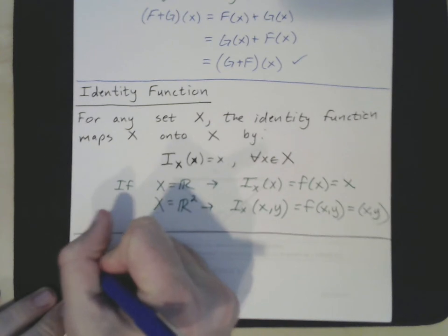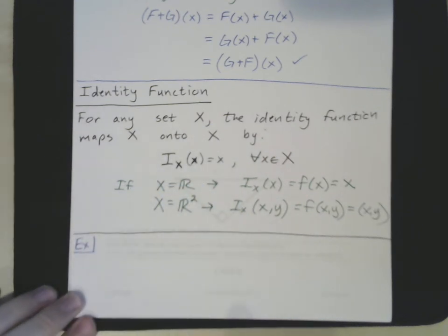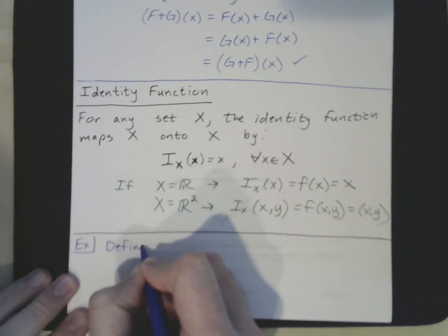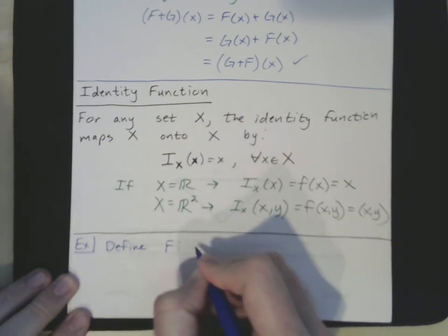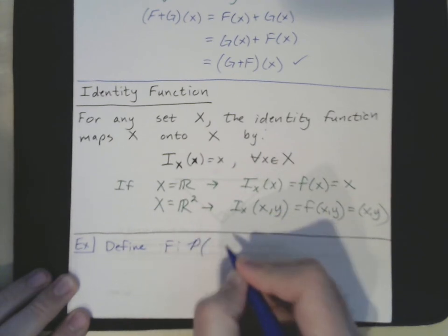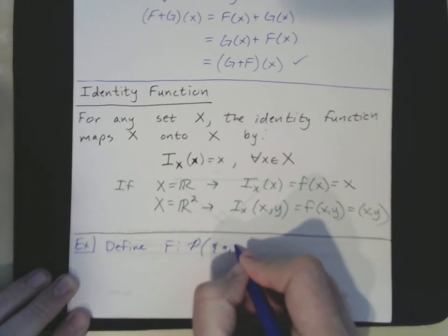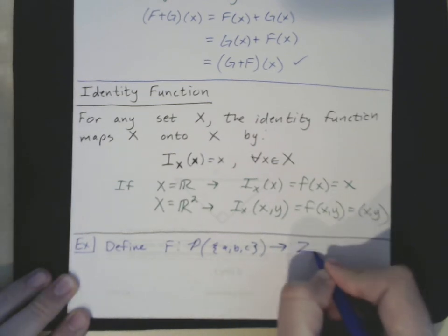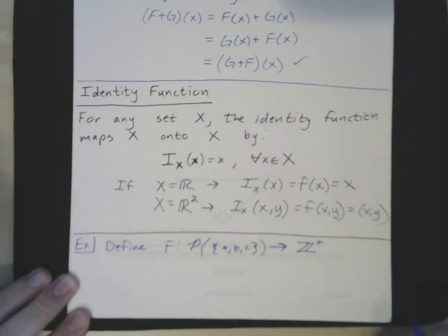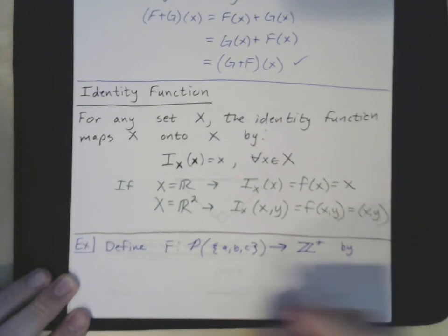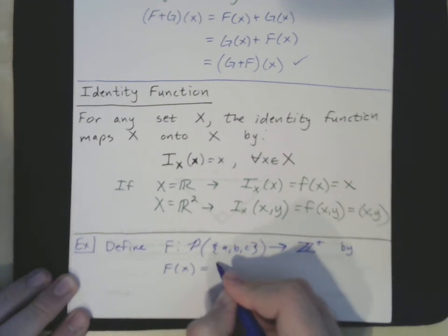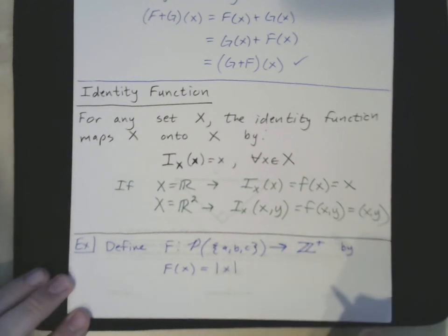Okay, so our next example is how we're going to talk about power sets and functions. So we are going to define F that maps the power set of {A, B, C} into the positive integers, Z plus, by capital F of x equals absolute value of x.